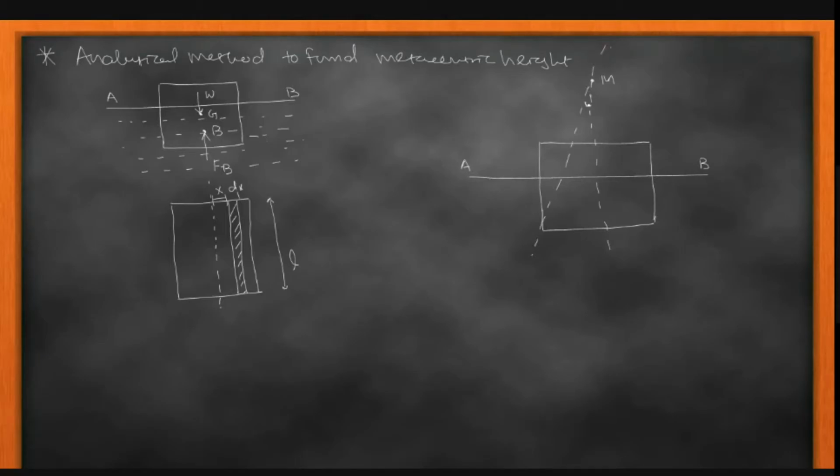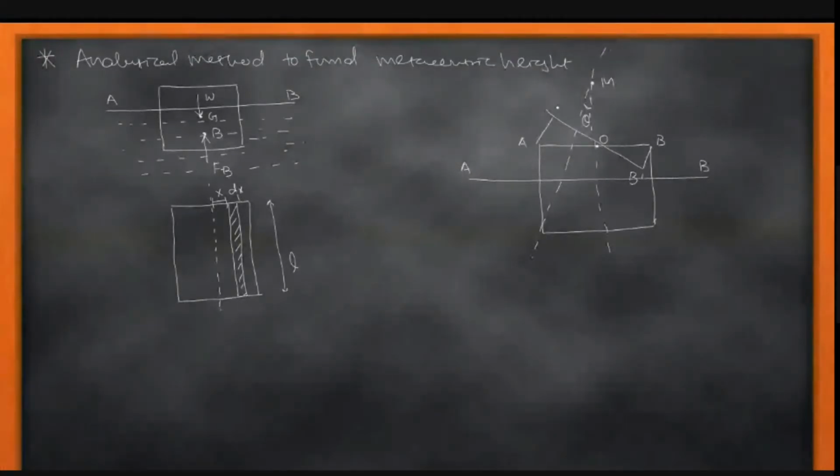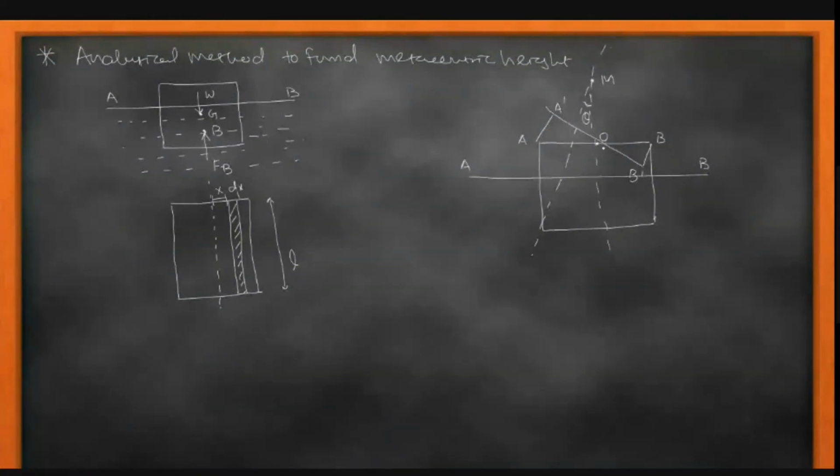The angle between these two neutral axes is theta, and the new position of this object is, let's say, this is B, and here it is B dash, this is A dash, and this is A. Let's say this is the original axis O, so B is moving over here and A is moving. The angular displacement of this object becomes theta.